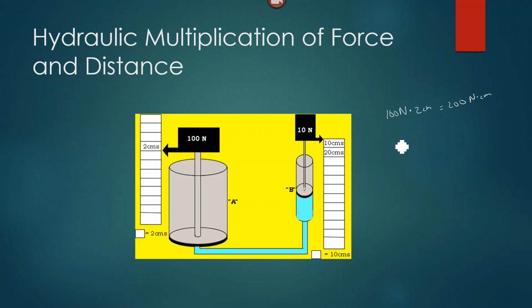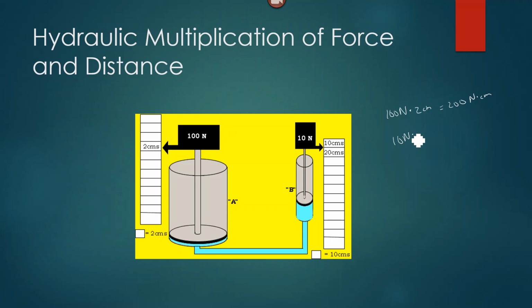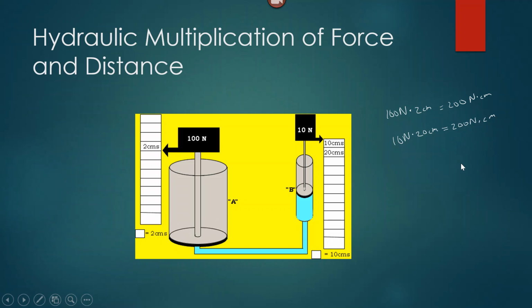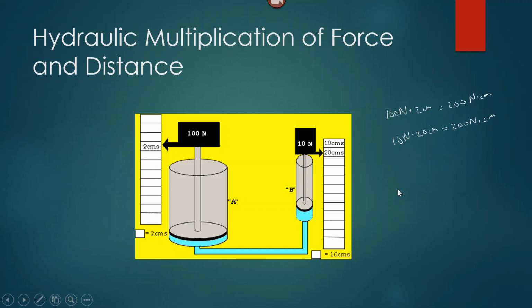And if we look at the other side, we have 10 newtons times 20 centimeters. Again, 200 newton centimeters. So the work is the same on both sides. That's an important concept: work in has to be equal to work out. There is efficiency that we have to talk about later on, but for right now we're assuming 100% efficiency, so work in and work out will be the same.